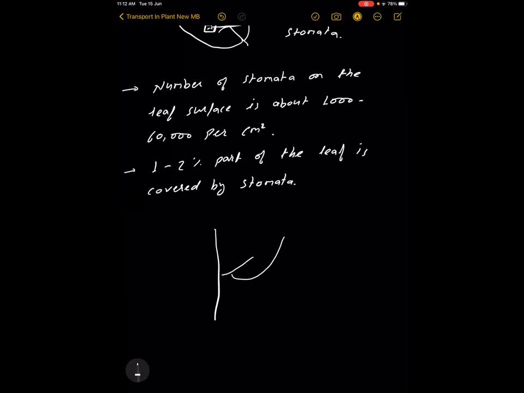This lower surface has many openings. These are stomata. The upper surface also has stomata, but the lower surface has more stomata to avoid transpiration, because direct sunlight strikes this epidermis.